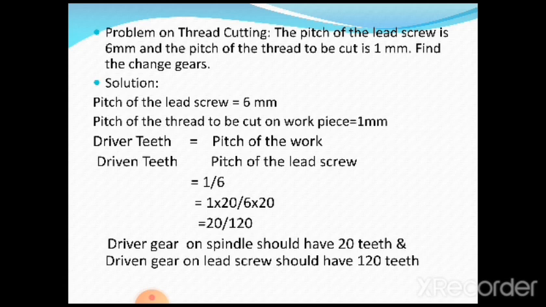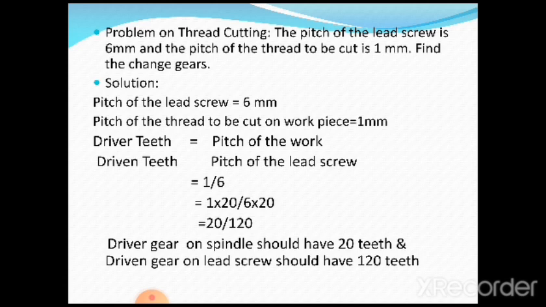That means I have to select a driver gear of 20 teeth, to be mounted on the spindle of the lathe machine. Then the driven gear should be of 120 teeth, which is mounted on the lead screw shaft.